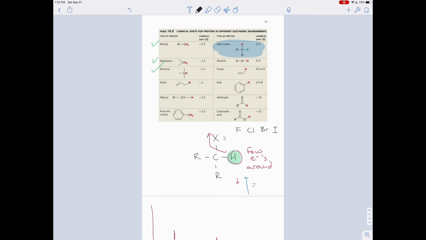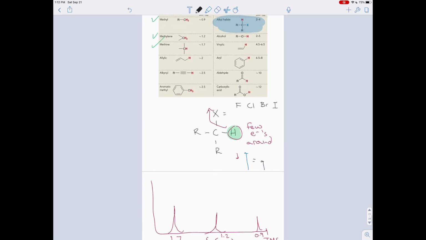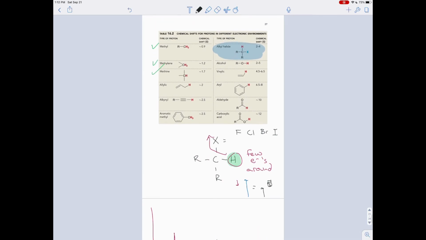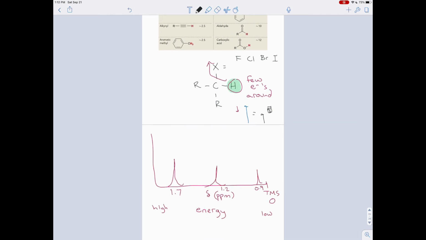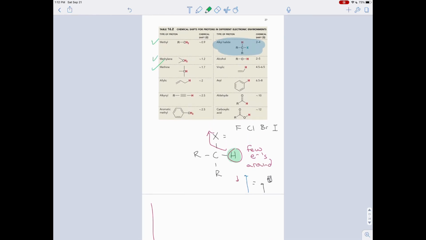So the net magnetic field is bigger, and it's harder to flip a magnet in that field. So you need even more energy to flip that nucleus, and so the greater amount of energy is expressed by a larger chemical shift. Those chemical shifts are just relative units to say how much energy you need to flip the nucleus. The bigger the shift, the more energy you need.